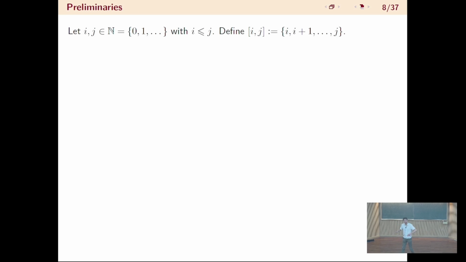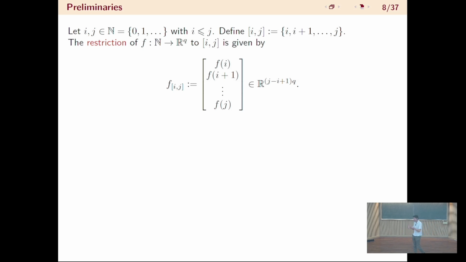So let me start by some preliminaries about mathematics so that we're on the same page. So I denote by N the set of natural numbers, including 0, and I let i and j be two natural numbers. Let's say that i is less than or equal to j. Then I'll define this integer interval from i to j as the set of integers i plus 1, up to j.